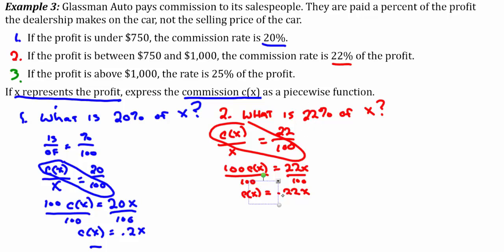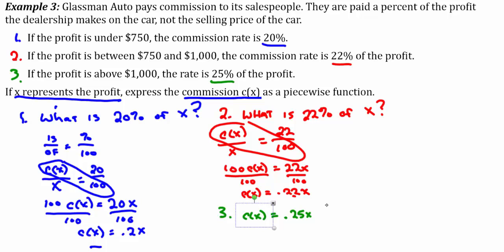So we take the decimal, 0.22, times the profit, which is X. So we should be able to assume, based on this pattern, and if we were to do this mathematically we would end up with the same thing, that our final equation is going to be C of X equals the decimal equivalent of 25%. And the decimal equivalent of 25% is 0.25. So we'll end up with 0.25x.